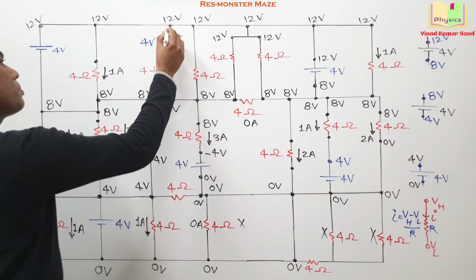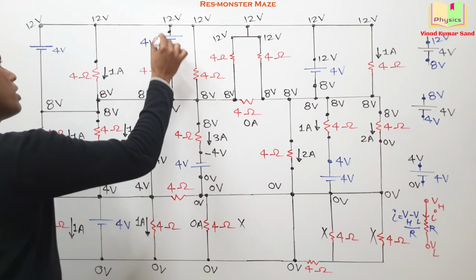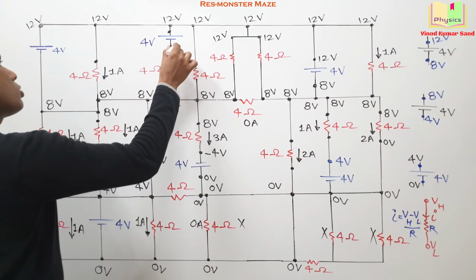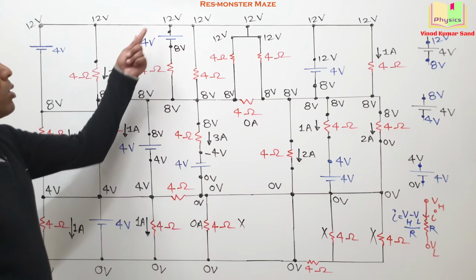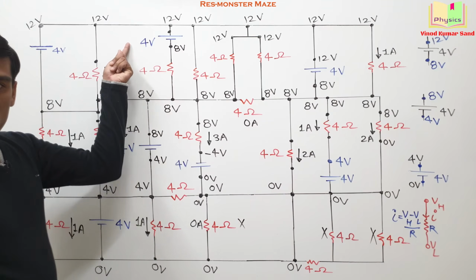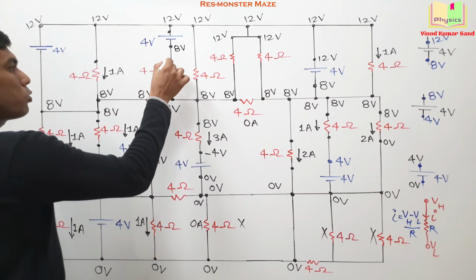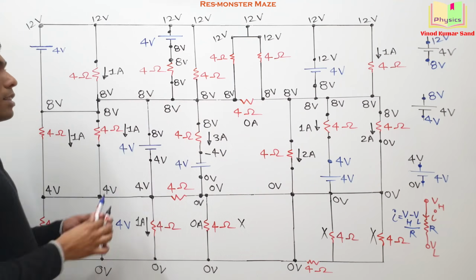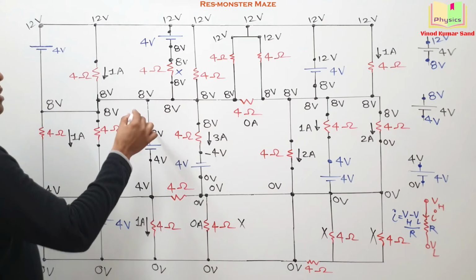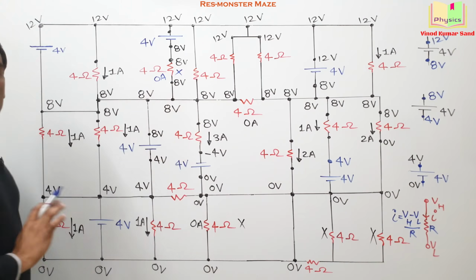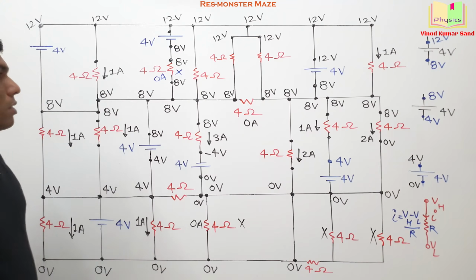Look at this battery, the high potential is 12 volt, it means the low potential should be 8 volt, because 12 volt minus 8 volt will give us this potential difference. So for this resistor, there is no current. Okay, 0 ampere means there is no current.